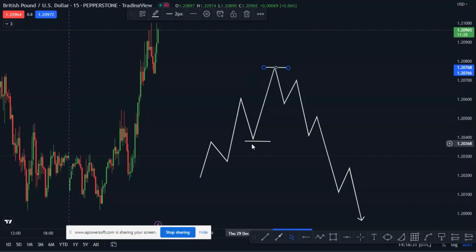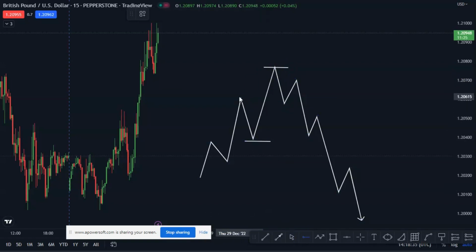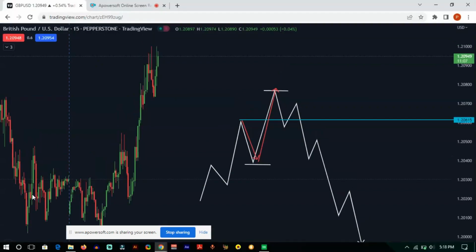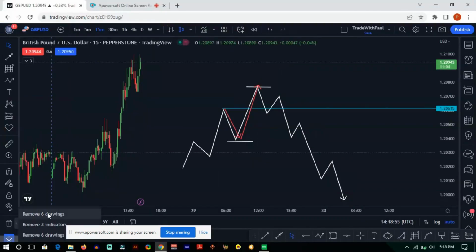That is a continuation, which means we are exceeding this pullback. From that point down to here is a pullback, but from this point here to that point is a continuation. Let me not go over that so much, as we are going to see it as we come on the charts.